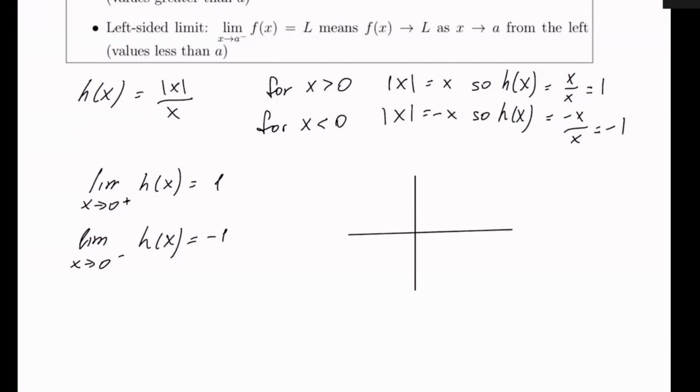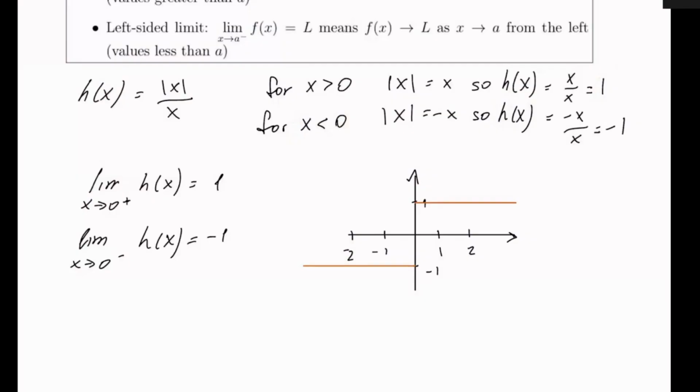So we have this graph here. As you can see, when x is greater than 0, right, so it's this side, the right side of 0, the function is constant 1. On the left side, when x is less than 0, our function is negative 1. So it's going to be a constant like this.